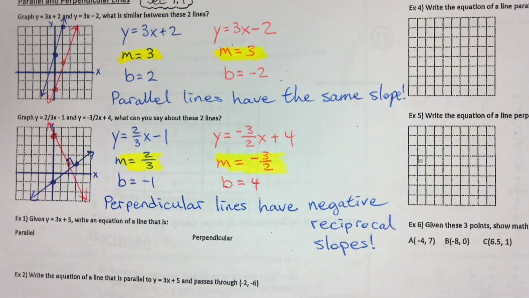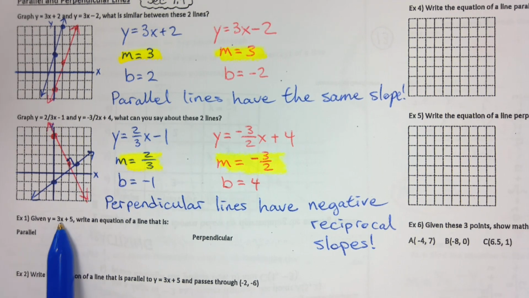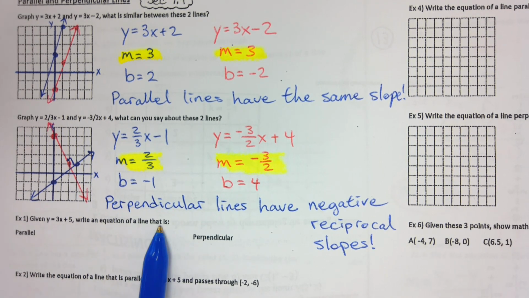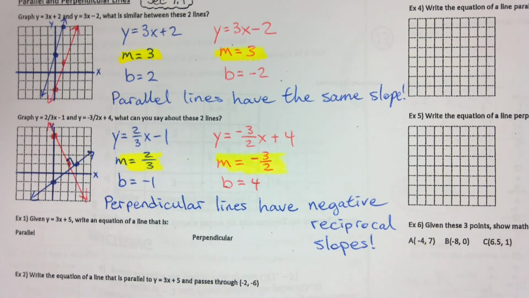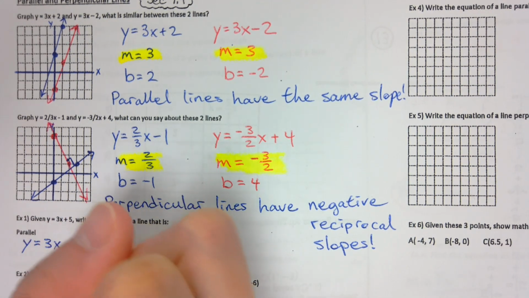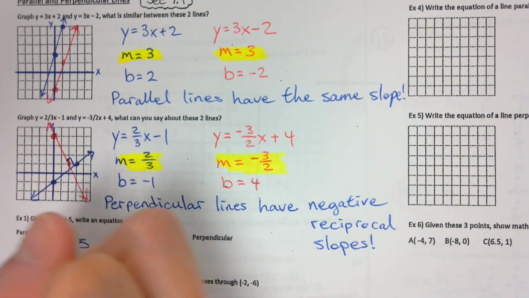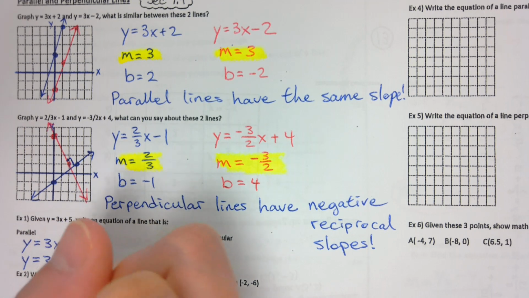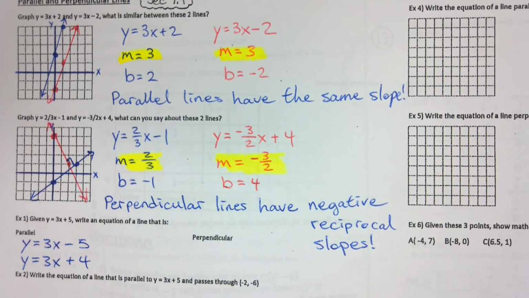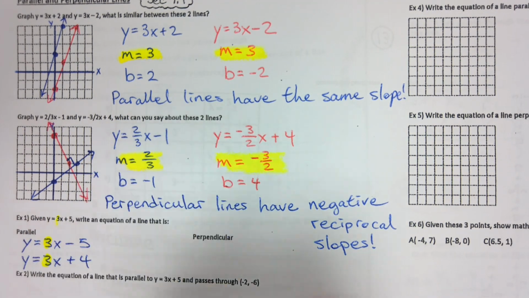So now that we know this logic, we can apply it in any equations. Given y equals 3x plus 5, can you write an equation that's parallel? Give me one example of a line that's parallel to it. Okay, sure. What's another example? Rizwan? As long as the slope is the same, then they are parallel.